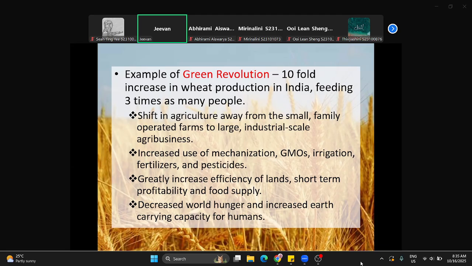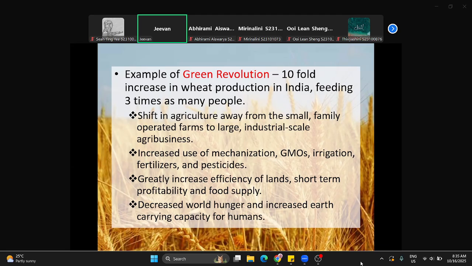Because previously, when it was family operated or on a small scale, they didn't have enough resources to manage, and they were each producing different kinds of crops. So when they were combined and placed under the government or the agricultural ministry, they could gain various supports from the industries to help the farmers on an industrial scale.